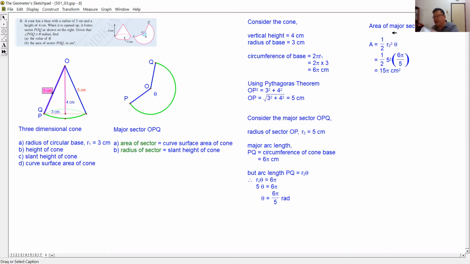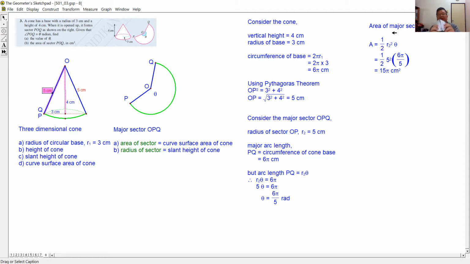Now this curved surface area of the cone, when you open up the cone, is actually the area of the sector. When you fold it up, this becomes the cone, right?